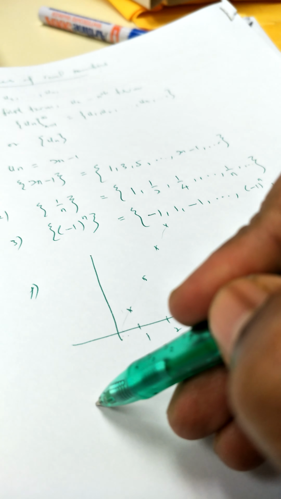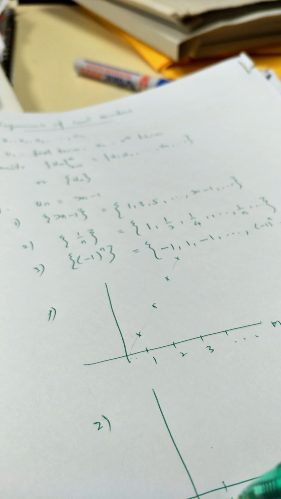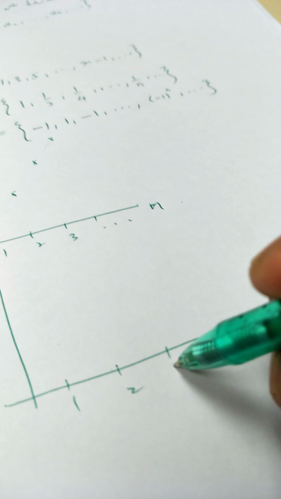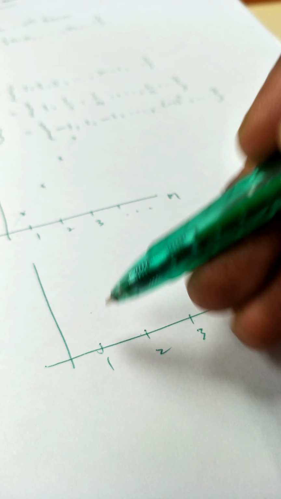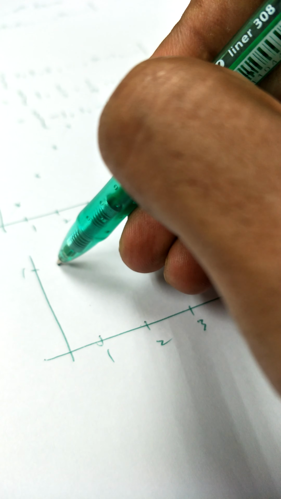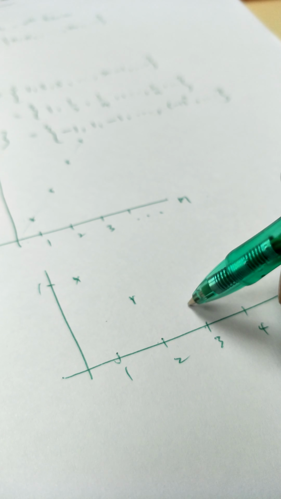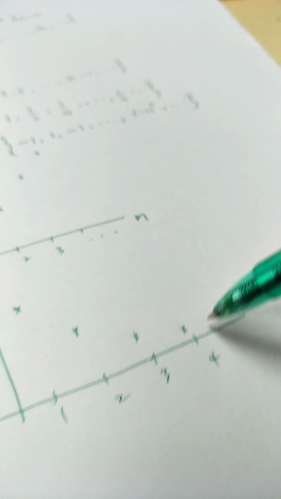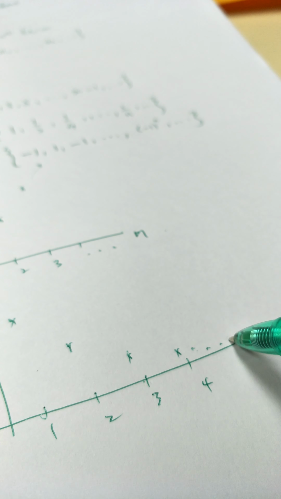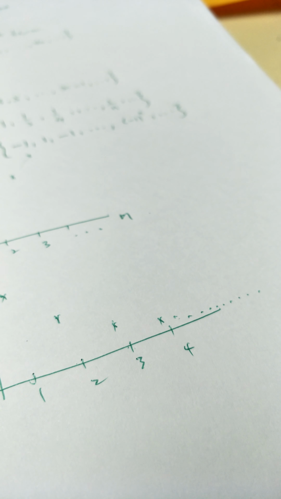For the second case, we have n equal to 1, 2, 3, 4 and so on. For n equal to 1, we have 1 there, and then 1 over 2 here. For 3 we have 1 over 3 here and so on. You can see this is approaching 0. It will not cross the x axis.